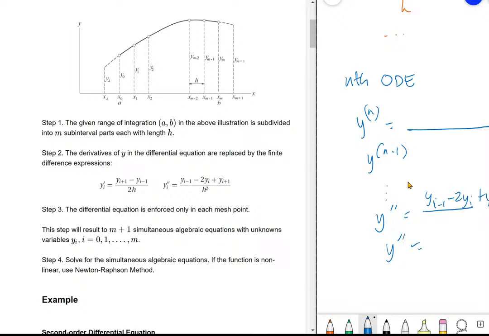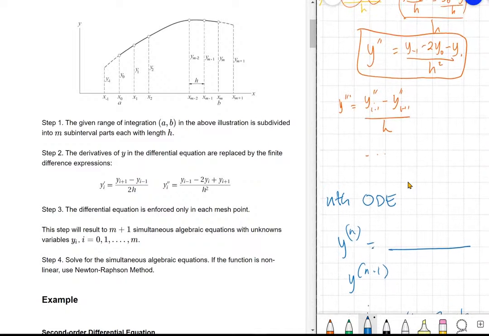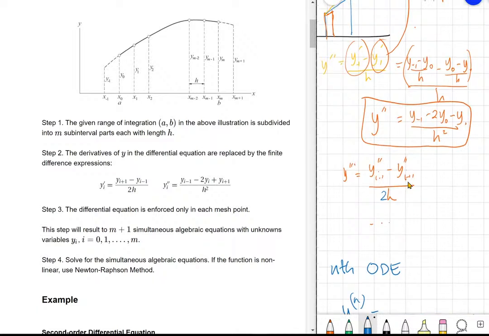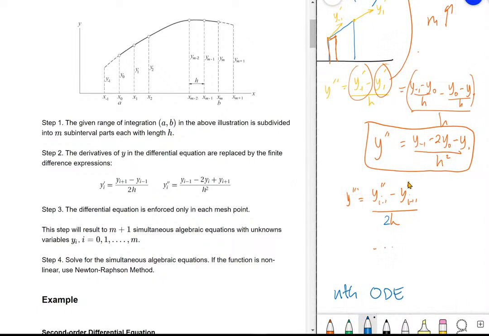If you can remember, this is simply the y prime minus y prime divided by 2h, and we proved last time that this should be 2h, something that we can derive.